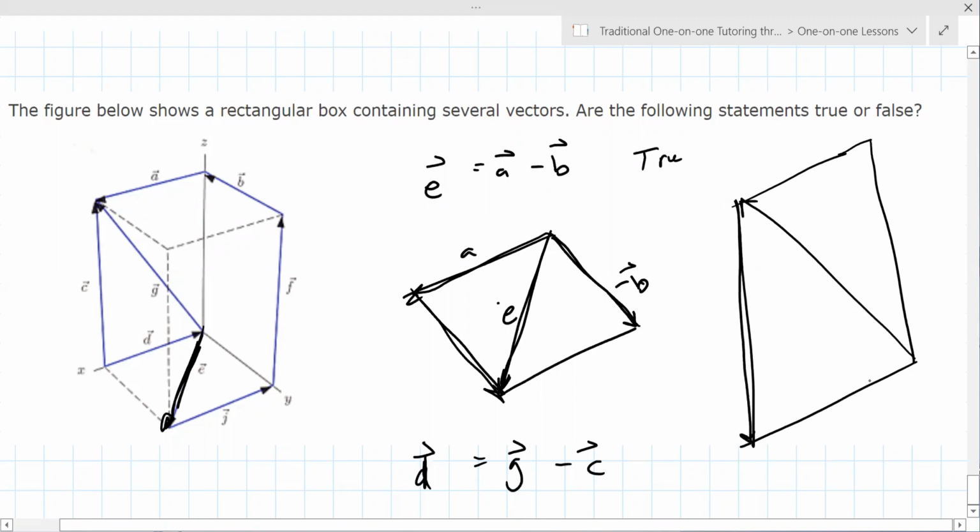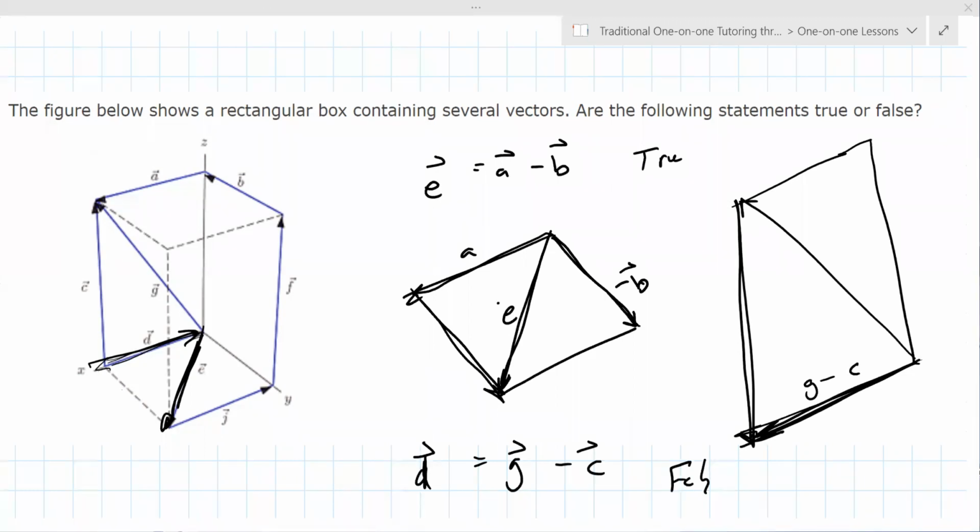So G minus C is this one kind of along here. Is that the same as D? Well, it's going the wrong direction. D is going right, and G minus C is going that direction. So that one would appear to be false. Okay. So the direction matters is the point here. They have to be completely in sync with all that.